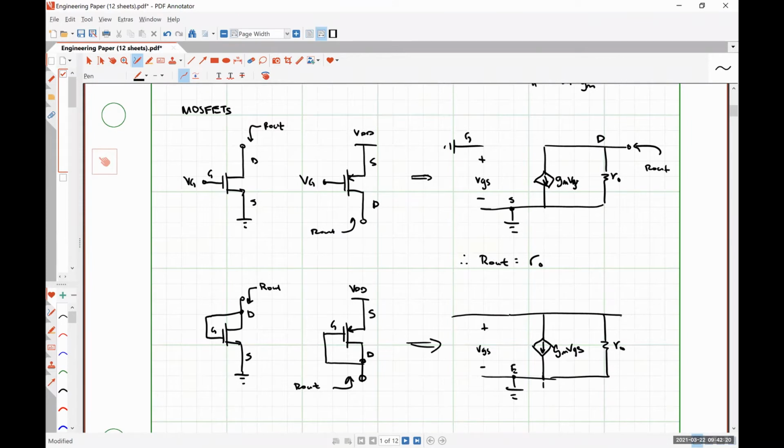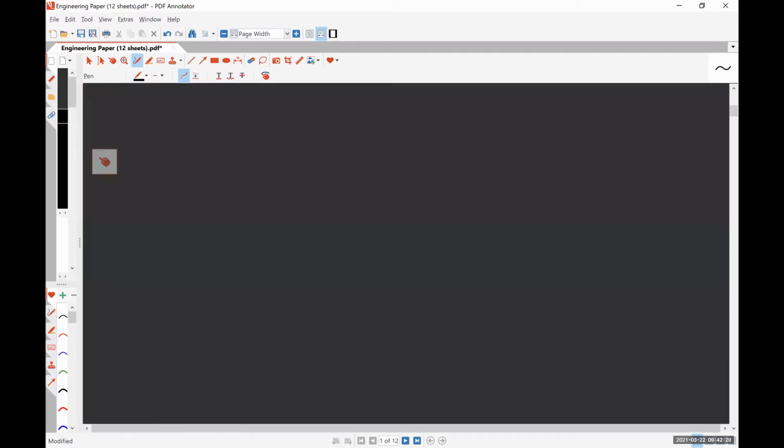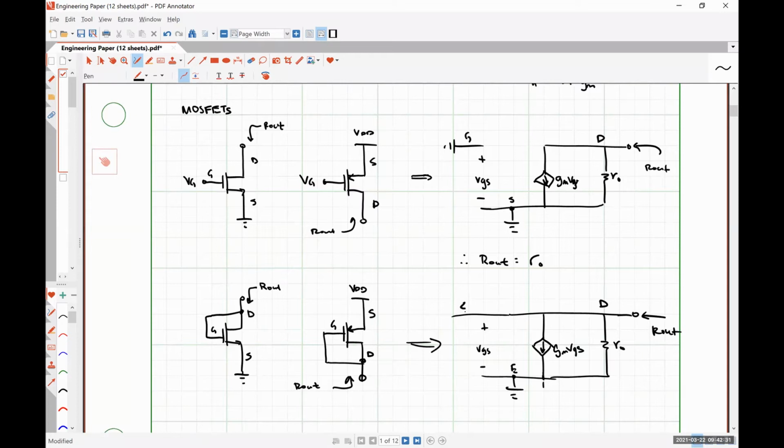Oops. In through here. Here's, good God, what just happened? Drain, gate, and I don't know why I wrote E there because this isn't a BJT source. There we go. So what do we see?